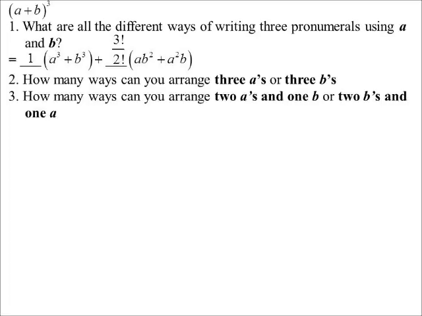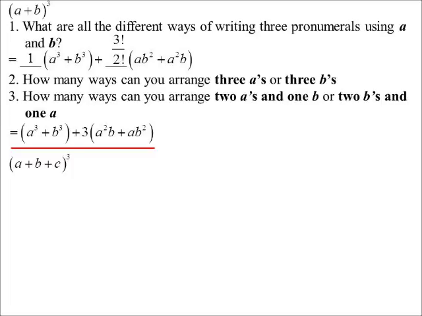It's no different to saying how many words can I form using two a's and a b. So that would be the coefficient of the ab squared in our expansion. And if you remember, that is correct, because if you remember your perfect cube, it does go 3ab squared plus 3. Yeah.